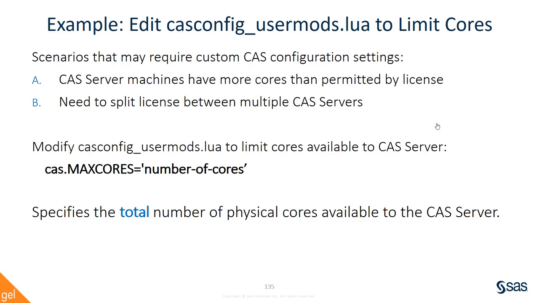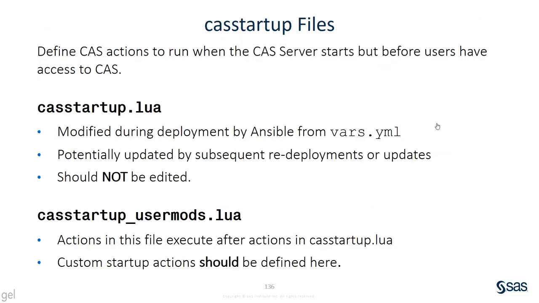But there are cases where I want to start a CAS server and I might know that I have 20 cores licensed and I want to specifically divide those up between 3 different machines. That's a case where I would want to use this particular option, max cores, to say on the first machine only use 2 cores. Otherwise, CAS is going to use up to the license. So it's just a very simple name equals value pair there.